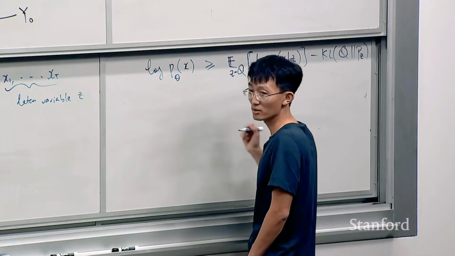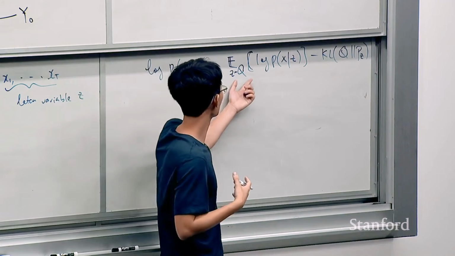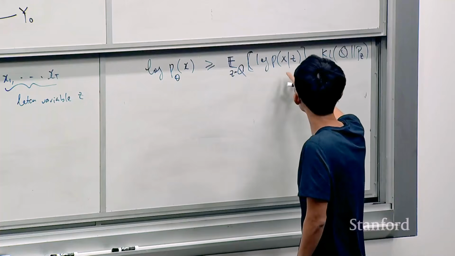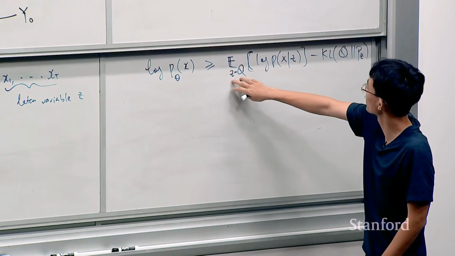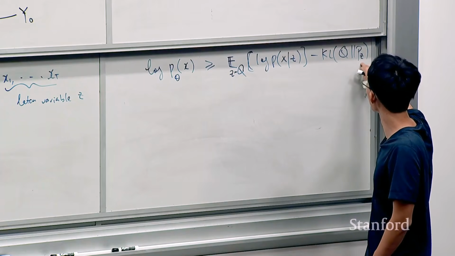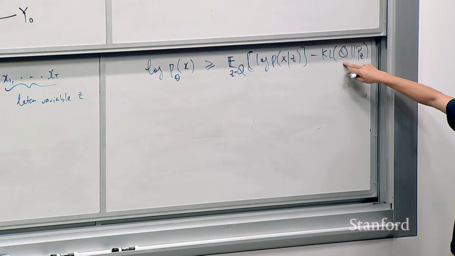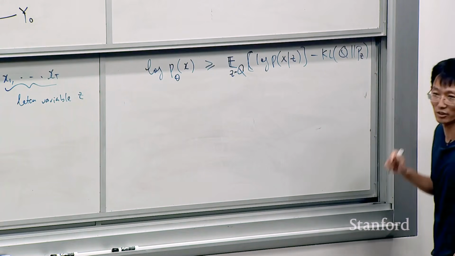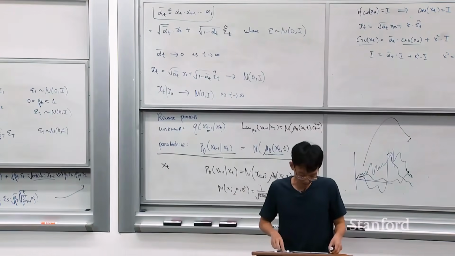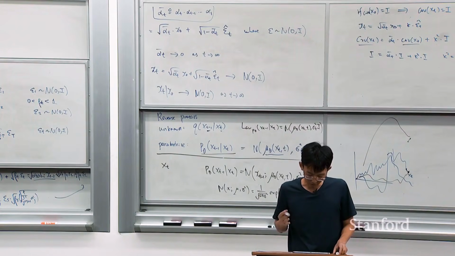I think this is the notation we used in the previous lectures. So you have some kind of posterior q, which estimates z given x, and you first sample from this posterior, and you look at the reconstruction loss, and then subtract the KL divergence between the prior p of z and the posterior q. Okay, so that's one of the versions of the ELBO lower bound, and there are several different equivalent versions. So we're going to use this.